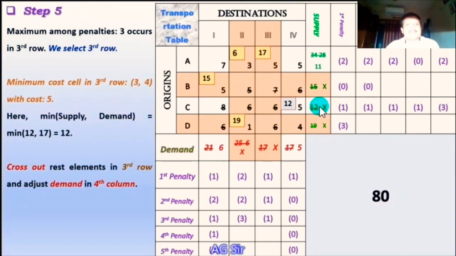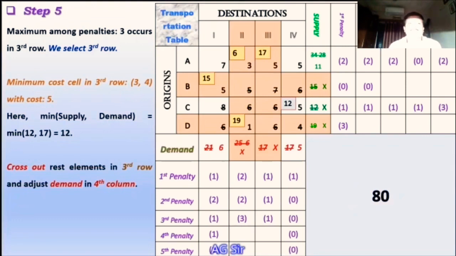Therefore, you cross it out and you also adjust your demand for the fourth destination. Since you had 17 units of demand at destination 4 and you have already covered 12 units through your third origin, you are left with 5 units of demand for the fourth destination.